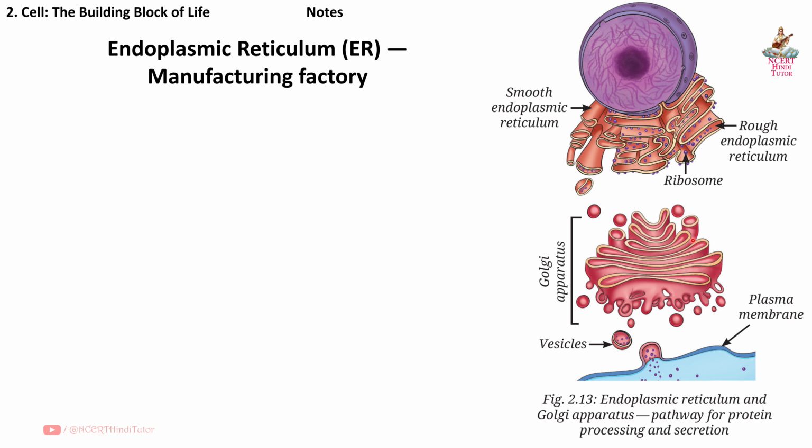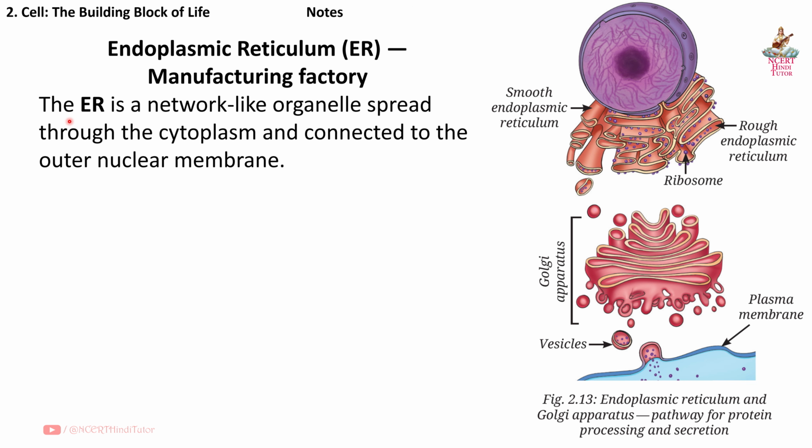So friends, this is the diagram, endoplasmic reticulum and Golgi apparatus, pathway for protein processing and secretion. This is the plasma membrane, this complete is Golgi apparatus, this is vesicles. The ER is a network-like organelle spread through the cytoplasm and connected to the outer nuclear membrane.